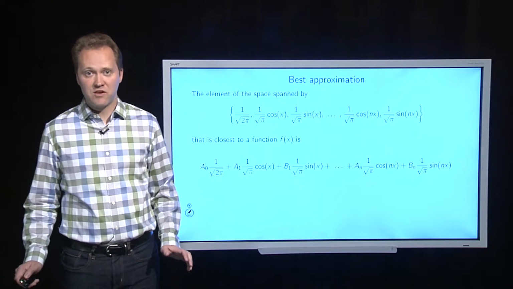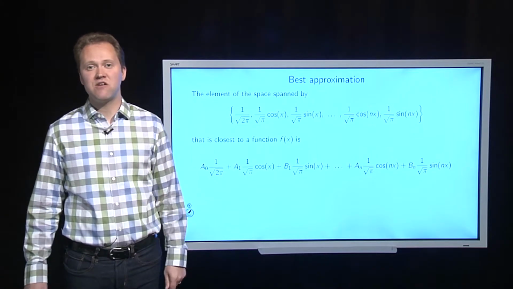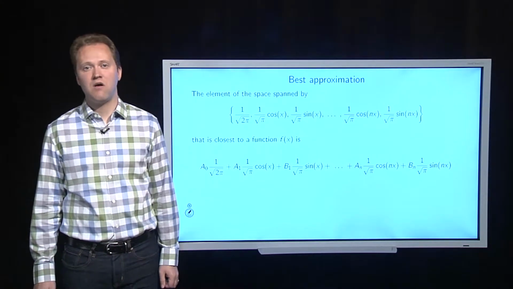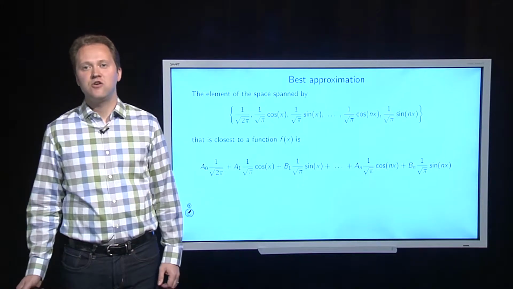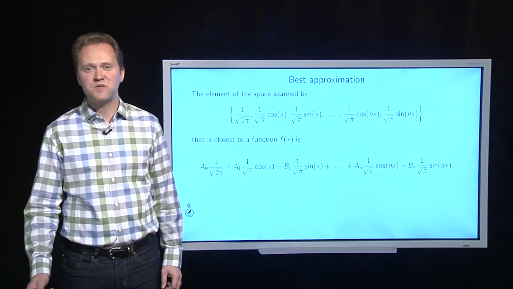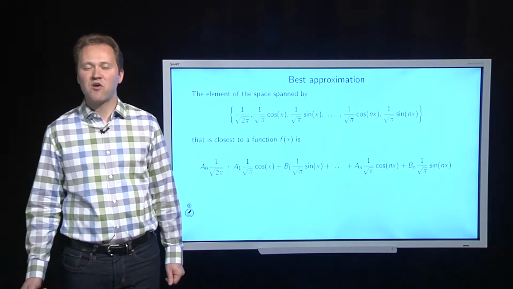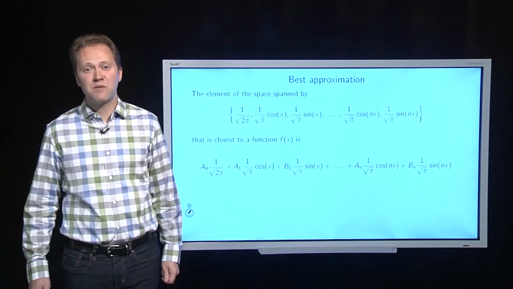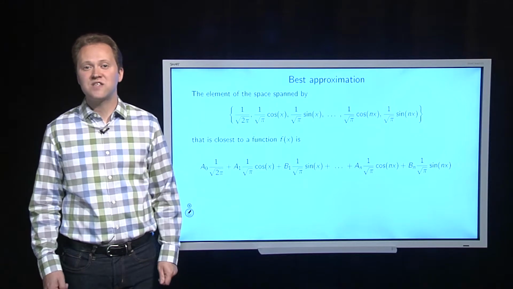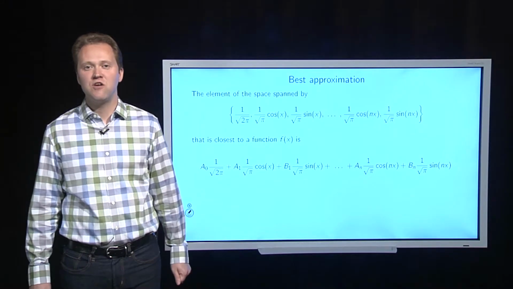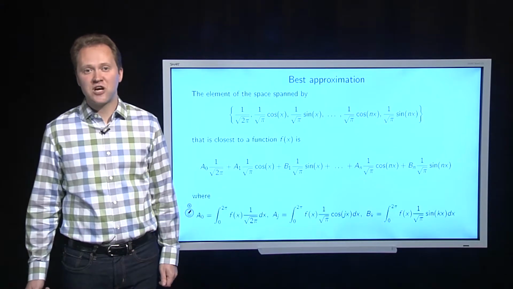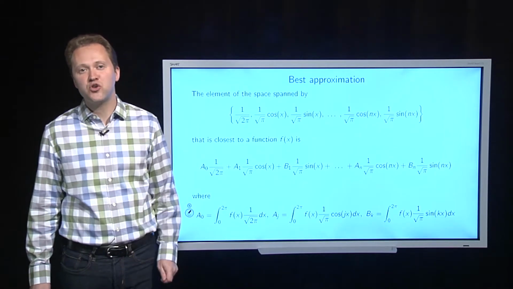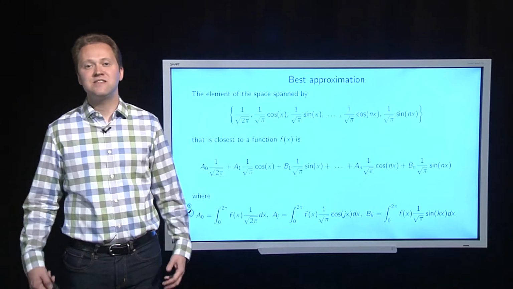The key result from part 2 of our videos was that if you take a function and project it onto the subspace, then you get a best approximation of that function. That is, if you want to approximate a function just using cosines and sines and a constant function, you can do that by projection. And the projection tells you exactly how to compute the coefficients that appear in this linear combination.